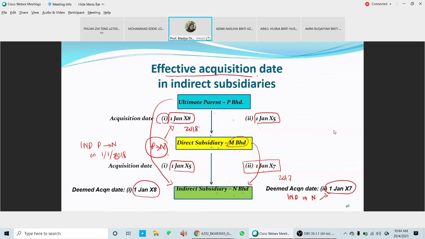Then after that, this direct subsidiary bought another subsidiary, so it's considered at the date when the direct subsidiary bought an indirect subsidiary. So that is what we have here. This is about the dates only, when will be the acquisition date.